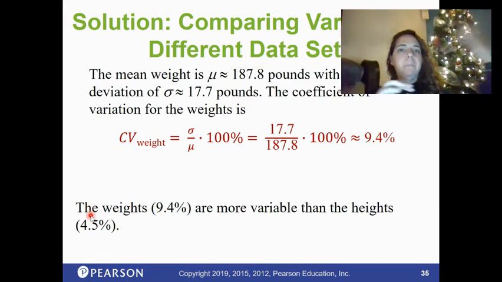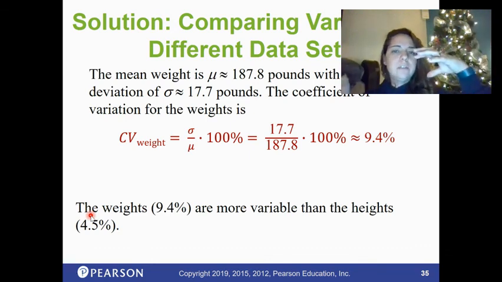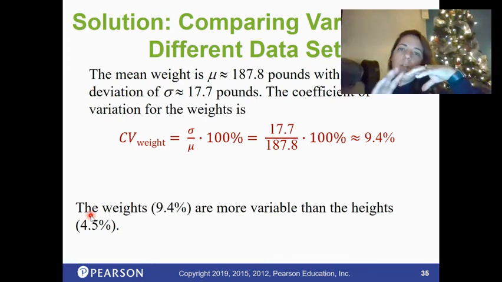So even though we're talking about pounds and inches, even though those units are totally different, if we put them into percent and compare them to the average, then we can compare them to each other. And we can say, yeah, the heights are less spread out, the weights are more spread out. Okay?